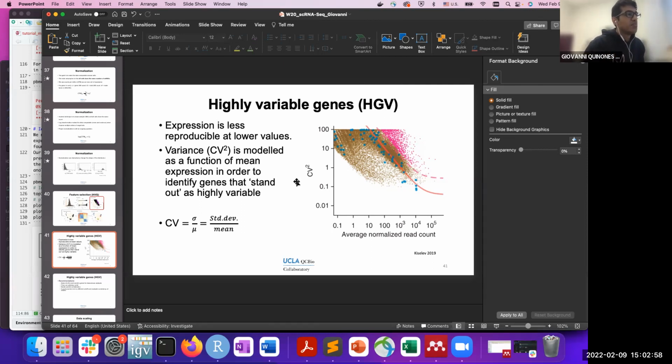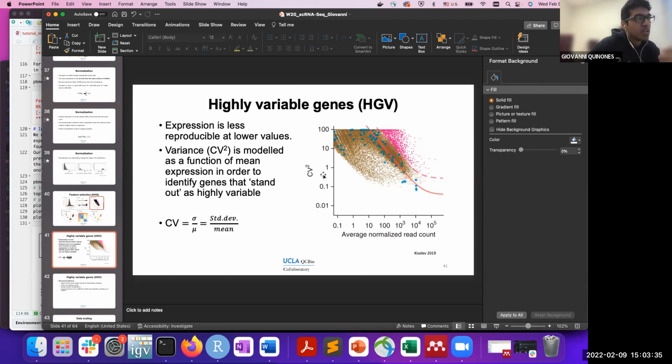So one approach to identify these highly variable genes is by calculating the coefficient of variation. The way it works is that you generate a plot where your x-axis is the average normalized read count, in this case our CPM expression value, and on the y-axis you'll have the CV squared value, or some expression of normalized variance.